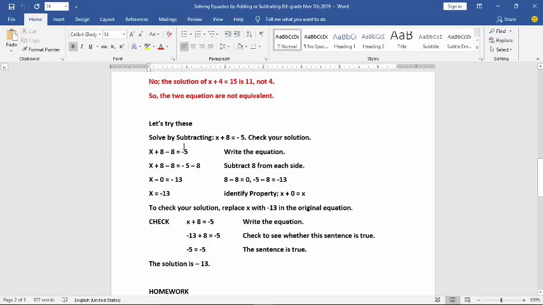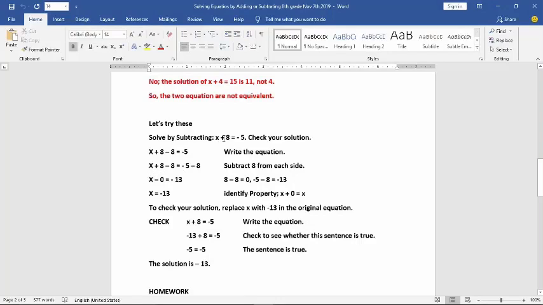Let's try this. Solve by subtracting. X plus 8 equals negative 5. And after solving this equation, you have to check your solution. First write the equation. X plus 8 minus 8 equals negative 5 minus 8. Now I undo the addition.